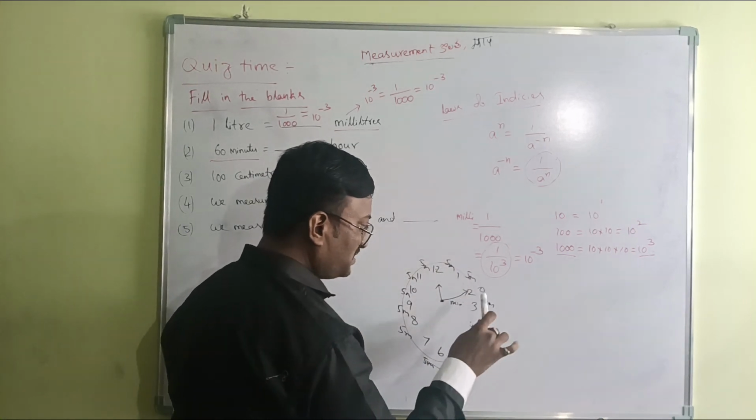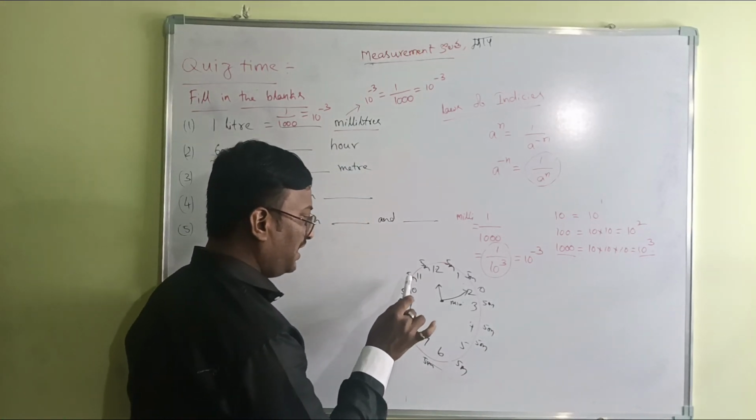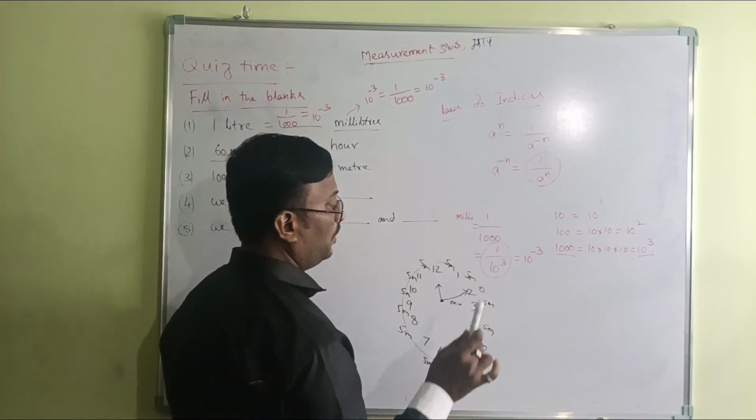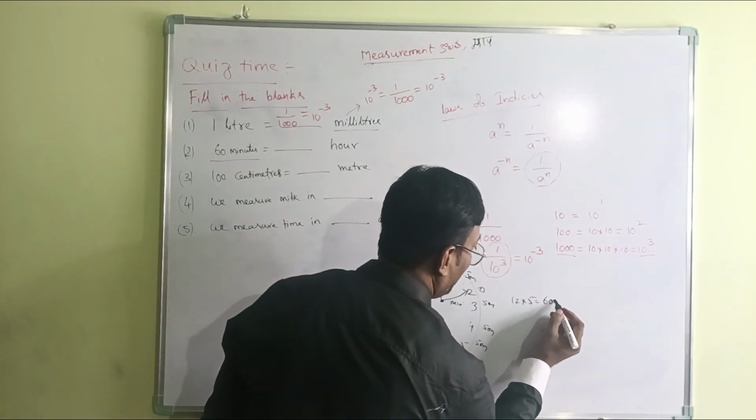So how many 5 minutes? 0 to 1, 2, 3, 4, 5, 6, 7, 8, 9, 10, 11, 12. 12 into 5 is equal to 60 minutes.